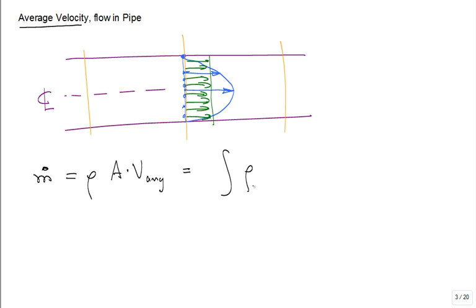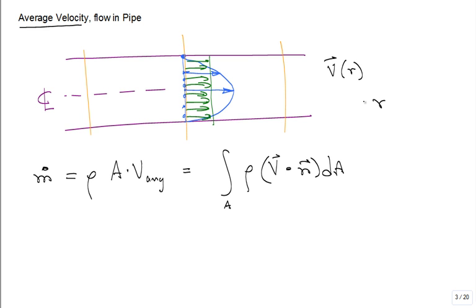Rho V dot n dA. Integrate that over the cross-sectional area of the pipe. Does that equation make sense? What I would need to do, though, in that case is I would need to know V as a function of r.